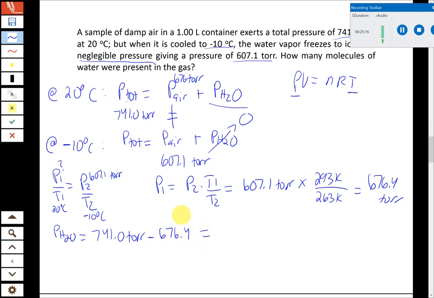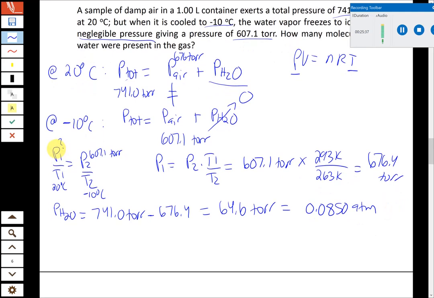And so what we're left with is a water vapor pressure of 64.6 torr. Then converting to atmospheres by dividing by 760, that's going to be 0.0850 atmospheres. All right, so that was sort of an involved process just to get the partial pressure of water.